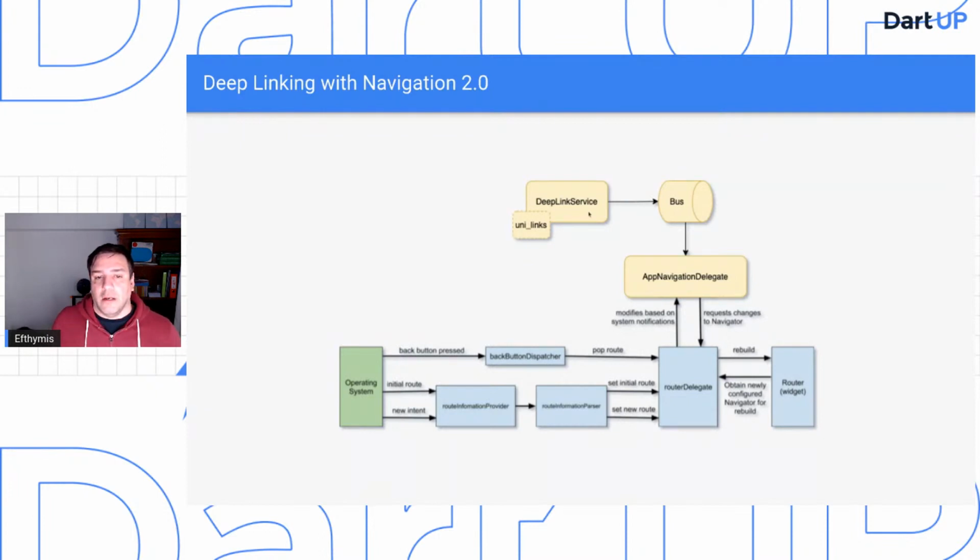So the deep linking service, which uses uni_links, another library, checks when the app opens to see if there is a deep link, and if it is, it sends the appropriate events to the bus so that the navigator will adjust the history of the pages so that the navigation happens and all the history is in the right order.